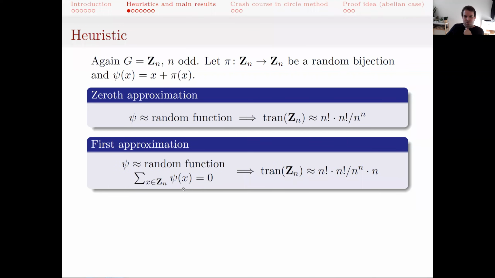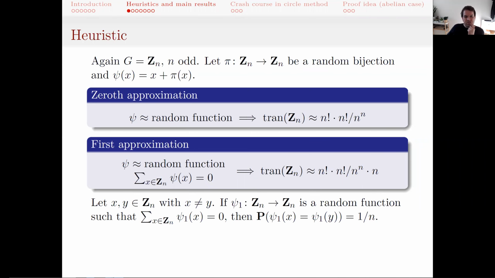In general, the sum of all of these values would be some element of Zn. So our denominator shouldn't have been n to the n. The better estimate would be n to the n minus 1. So of n functions, only one of them would satisfy this property. And you can actually do one more step.